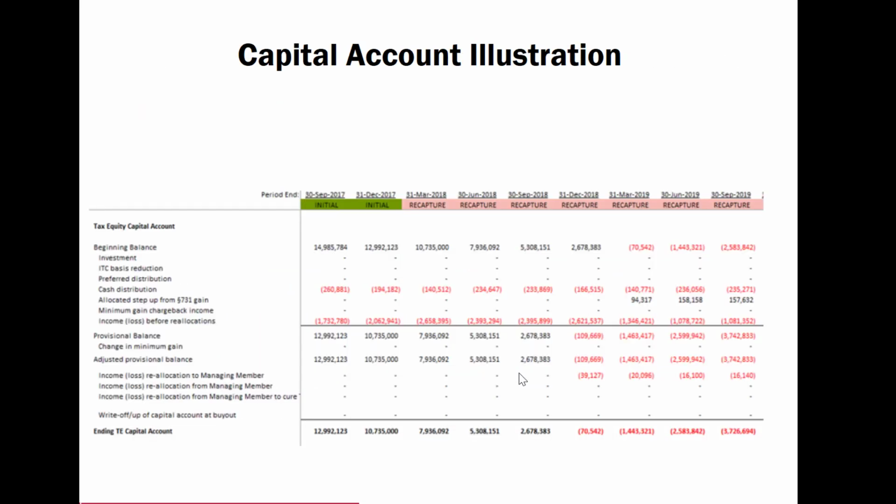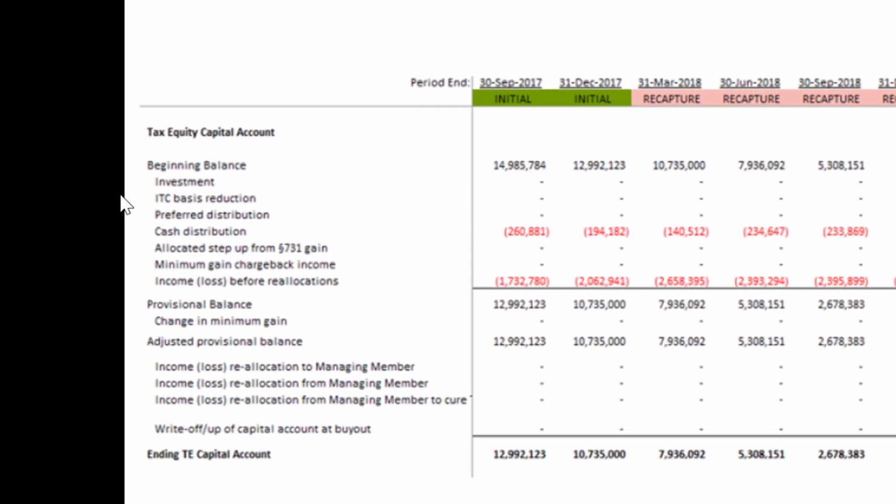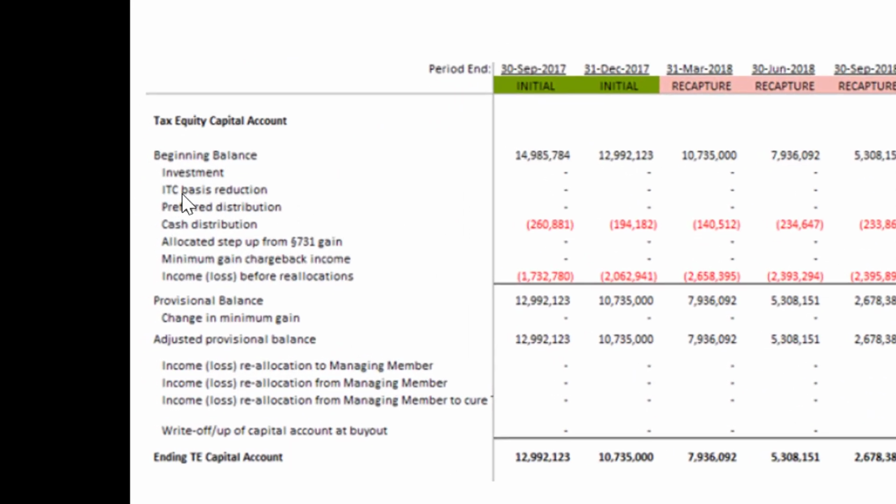So here's an example. This is the one I took before. They don't say here whether the income, where's the income? Investment, preferred distribution, cash distribution, income chargeback. Income, this is clearly a tax loss.